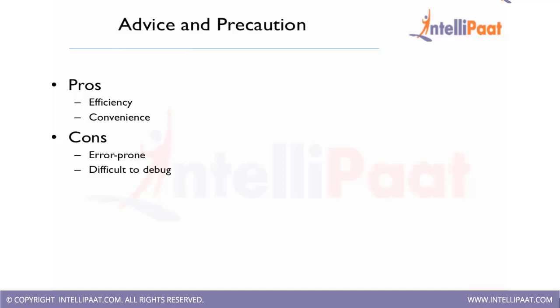The cons are that pointers are difficult to understand and difficult to manage, so they are mostly error prone and require some effort to gain expertise. Once you have expertise in pointers, you can get rid of this con. But initially it is also difficult to debug, because we are dealing with address spaces, which are not in a humanly readable format.